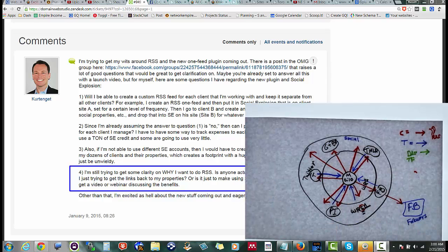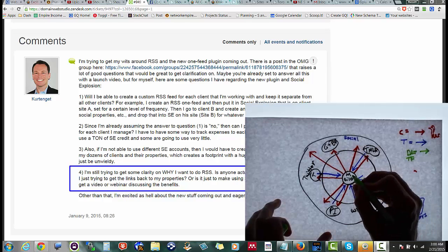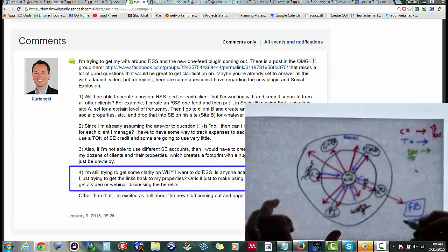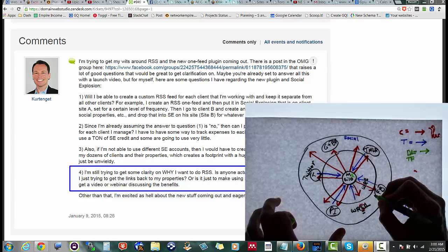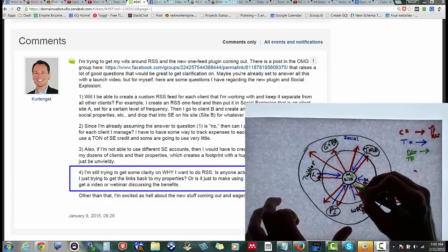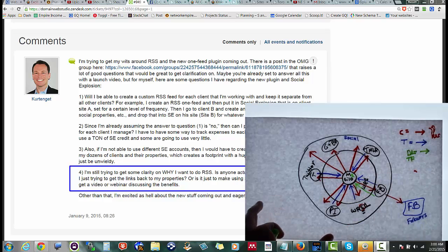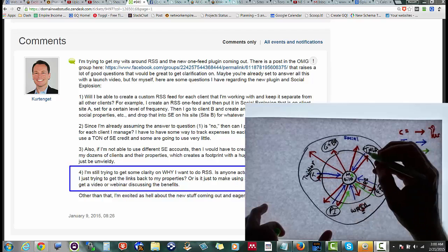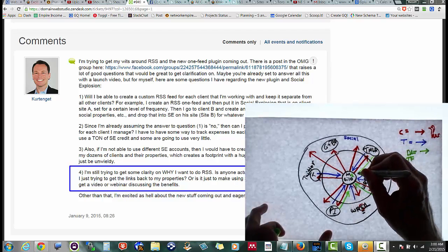Now, what's going on? What else is going back towards your money site? Put your dollar bill here, okay? Well, domain authority. What is the Facebook domain authority? Facebook has a DA of 100. So you're driving domain authority and page authority. Pinterest has a domain authority of 100. Tumblr has a domain authority of 100.